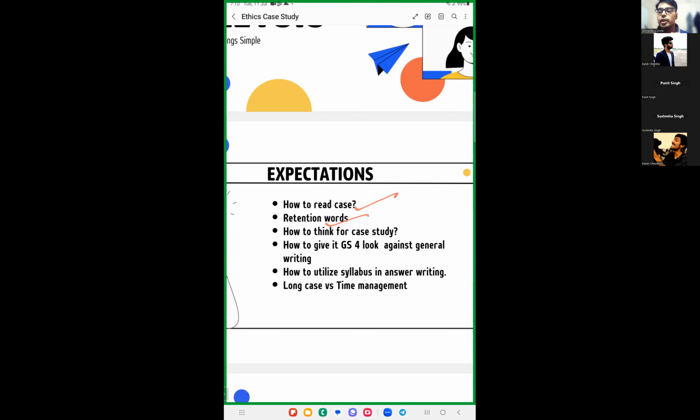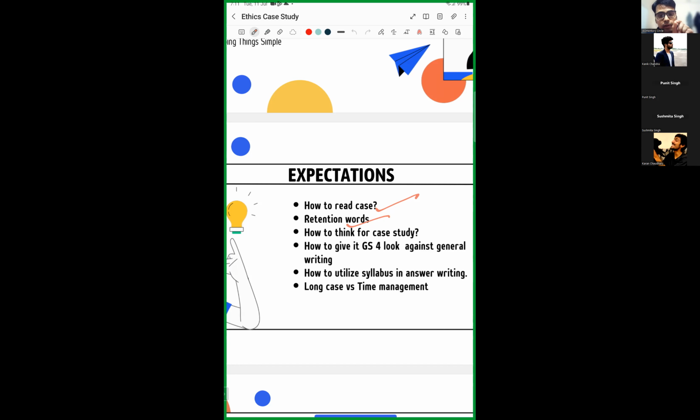Whether to write stakeholders or not totally depends on you. If the question has not asked, you need not write them in the answer sheet, but certainly write them somewhere, maybe in the question paper. The reason is, if you write the stakeholders down, you will be ensuring that you are in a position to utilize each person.